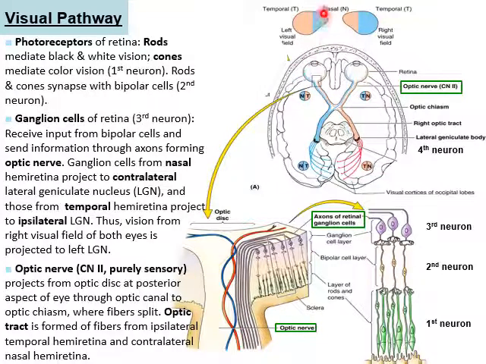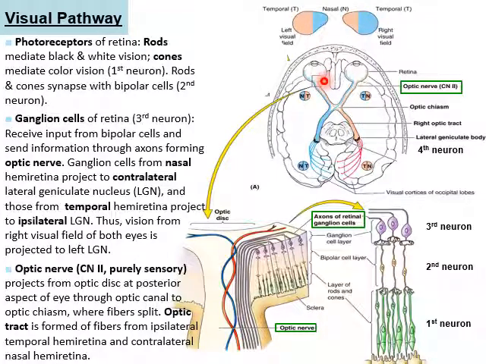So the nasal field of the vision is perceived or seen by the temporal part of the retina, and the temporal part of the visual field is perceived by the nasal part of the retina.